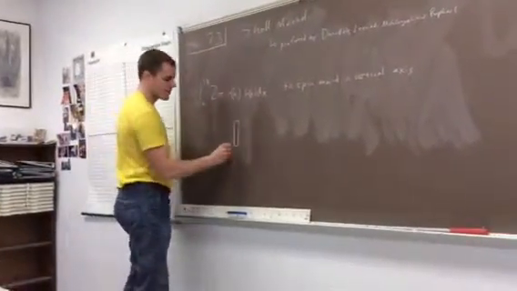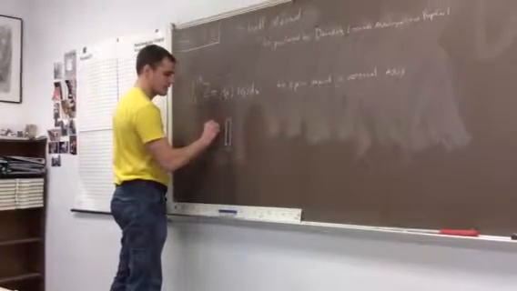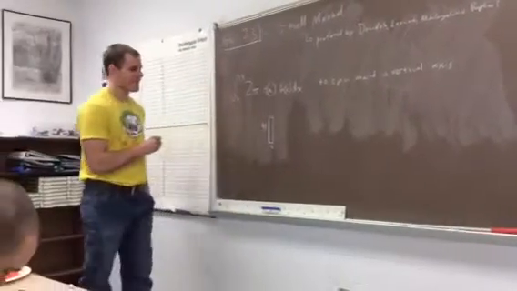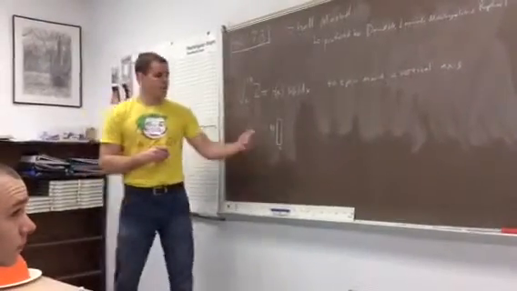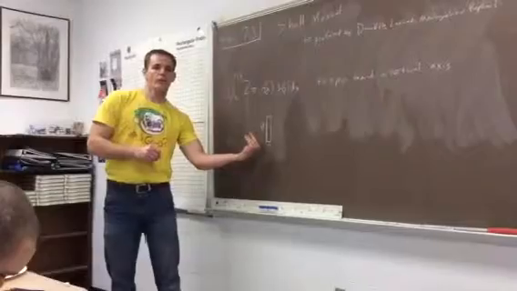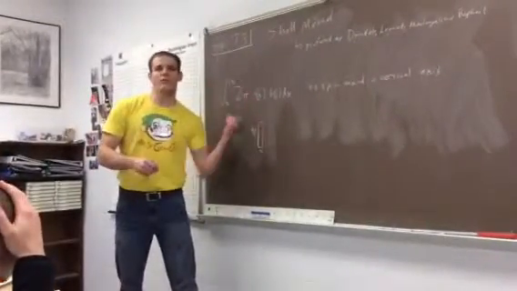The width of the box is going to be the dx, and the height of the box is going to be h of x. Now we're going to take this box and revolve it around a circle.